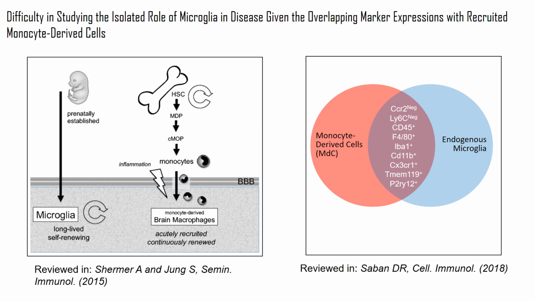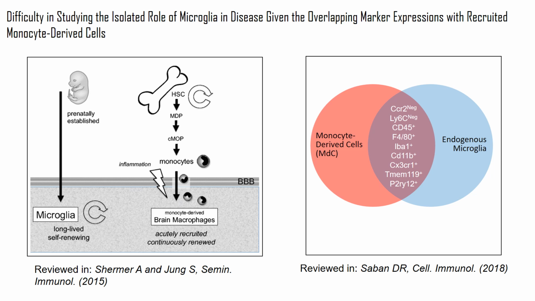However, distinguishing these two cell types is not a trivial matter. Here the left side image shows that in CNS inflammatory states, you have microglia, which are endogenous, prenatally established, long-lived, self-renewing cells. In contrast, you have monocytes recruited in CNS inflammation, and these monocytes differentiate quickly into macrophages.